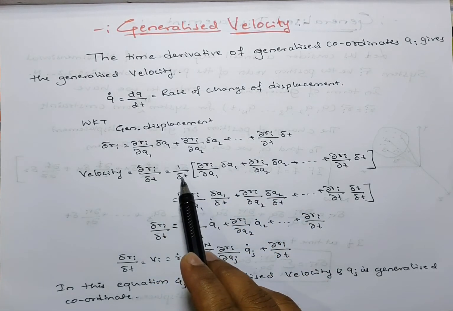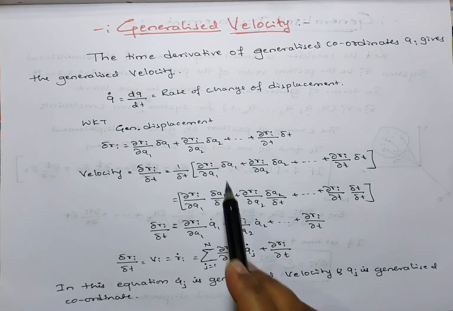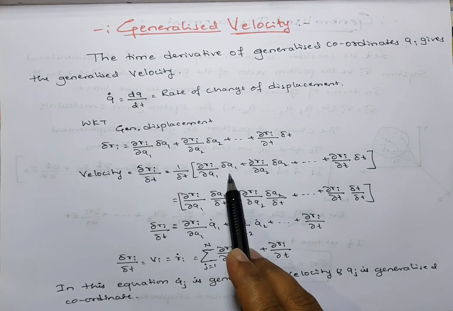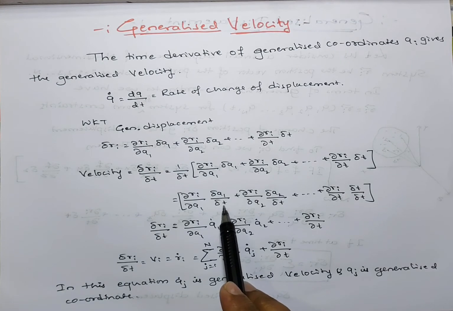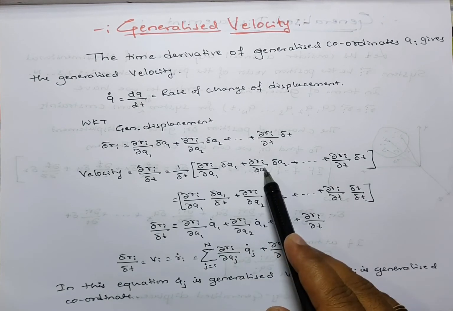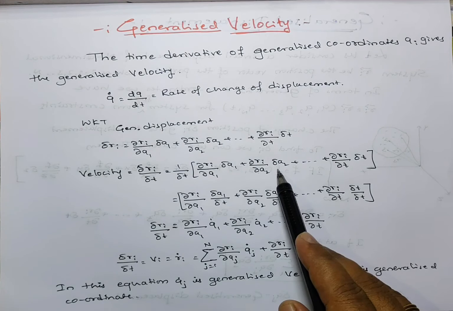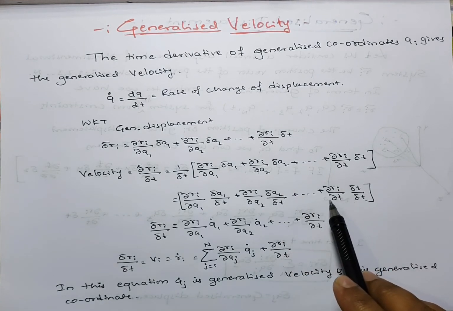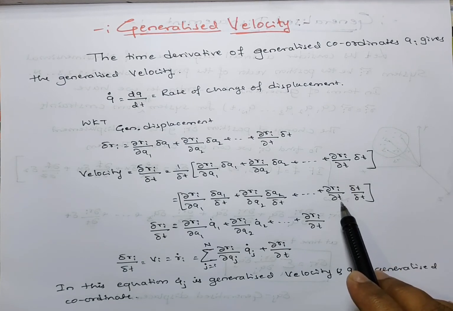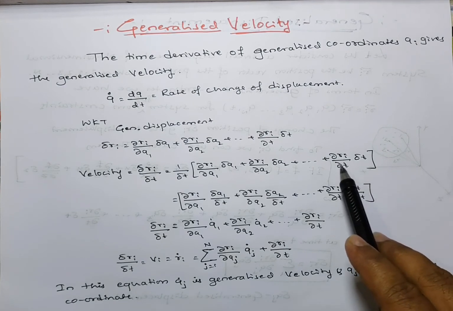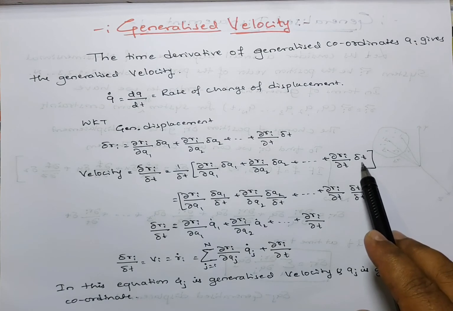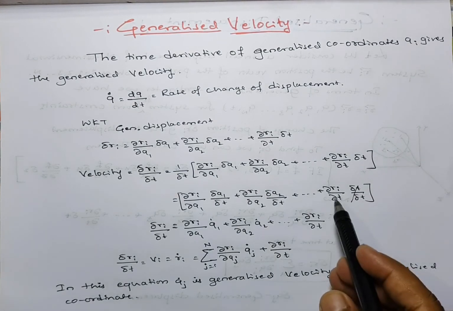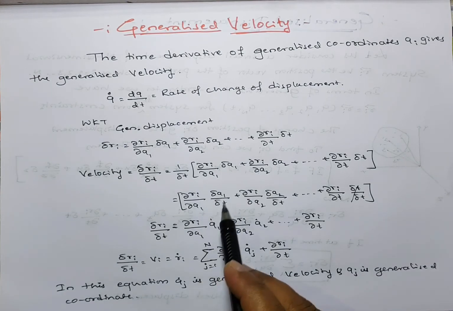If I take 1 by del t inside, dou ri by dou q1 stays as it is, times del q1 by del t, plus dou ri by dou q2 times del q2 by del t and so on, plus dou ri by dou t as it is, times del t by del t, and this term gets cancelled. Now I am going to rewrite this equation in this form.